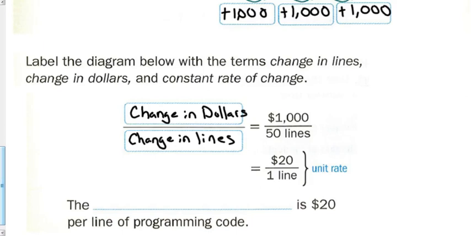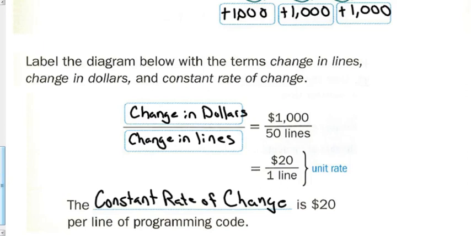So the constant rate of change is $20 per line of programming code. So that means for every line of code, the cost is going to increase $20. A constant change for both comparisons.